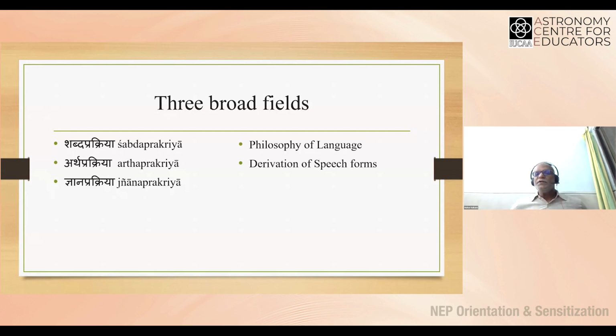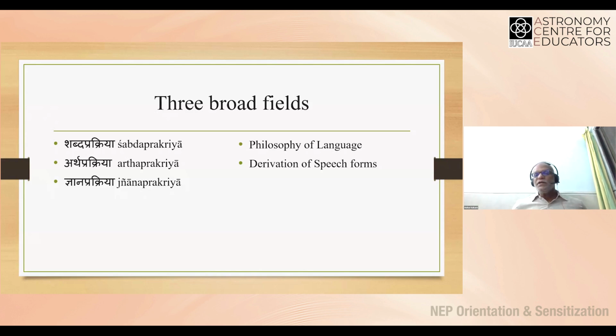Now, this Shabda Prakriya doesn't work in a vacuum, primarily because there is a necessary condition in the form of the meaning which plays in the background. And so there is the process of the construction of the meaning, which is also going on. And there is a one-to-one correspondence between this Shabda Prakriya and this Artha Prakriya.